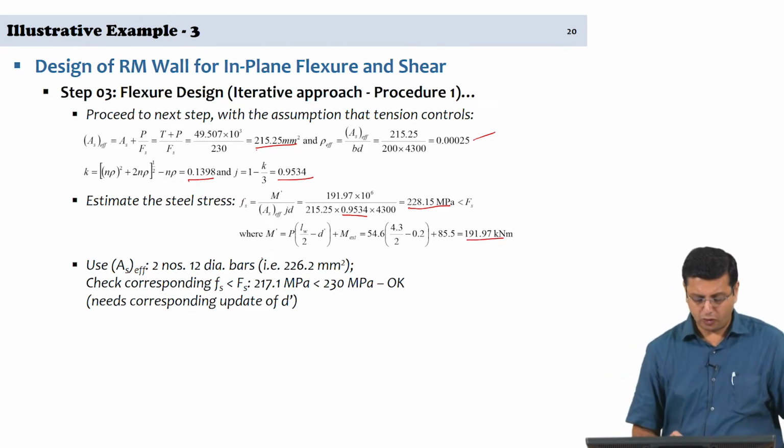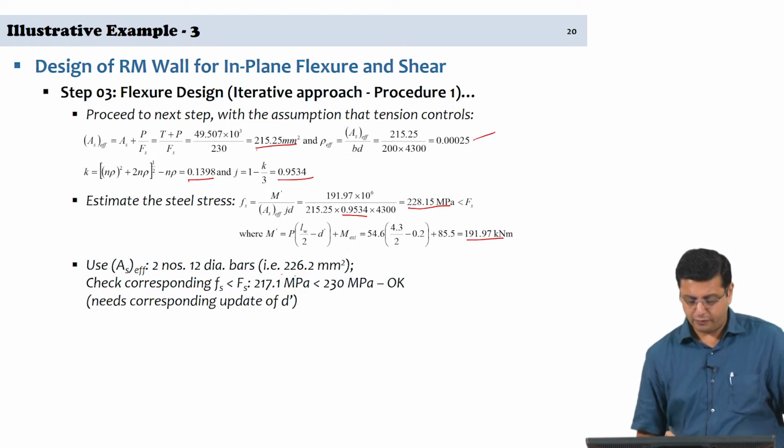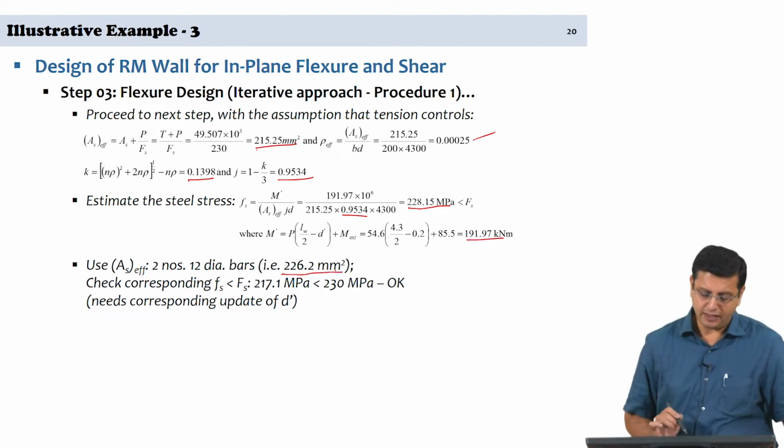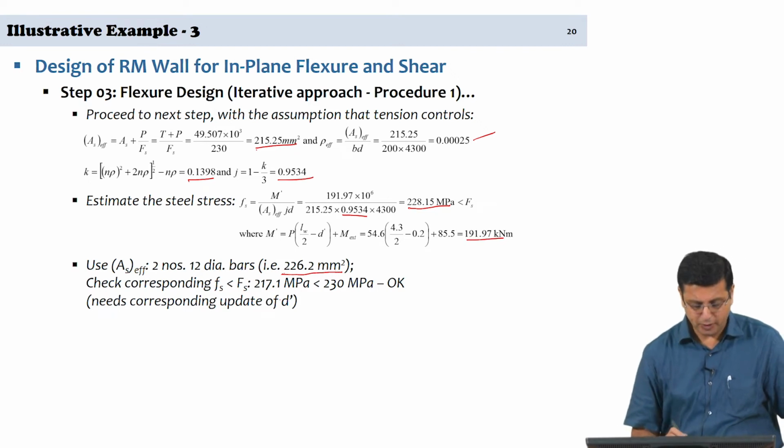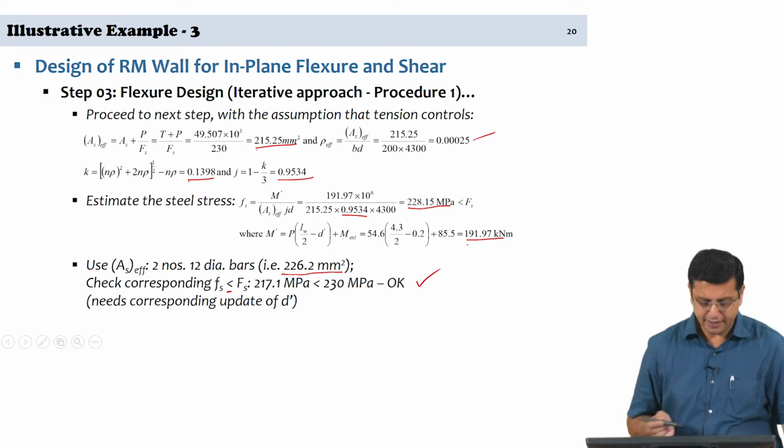If you choose two numbers of diameter 12 bars, then the area of steel is slightly more, so it should not matter too much in this case. The corresponding stress in steel is 217.1 MPa and still satisfies the condition that Fs is less than the permissible tensile stress in steel.